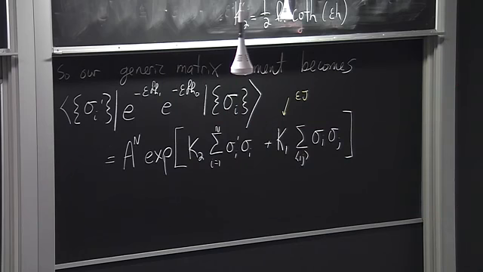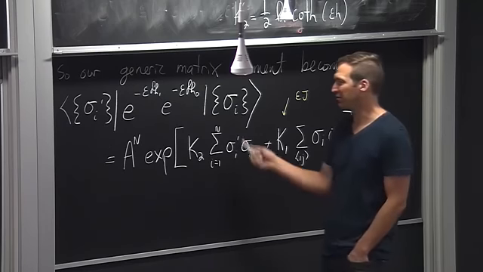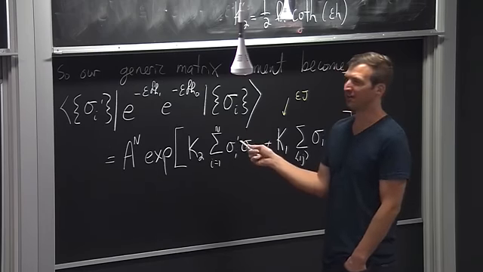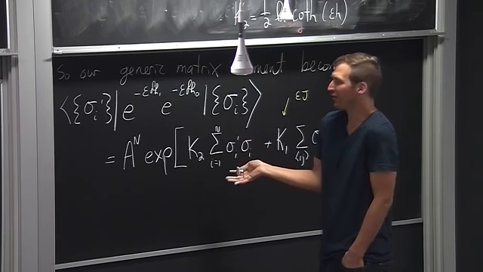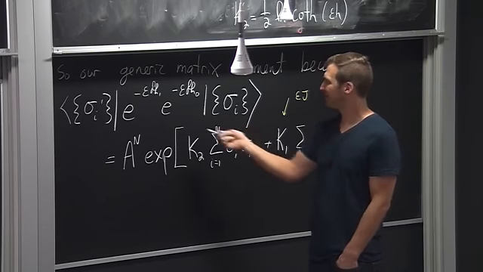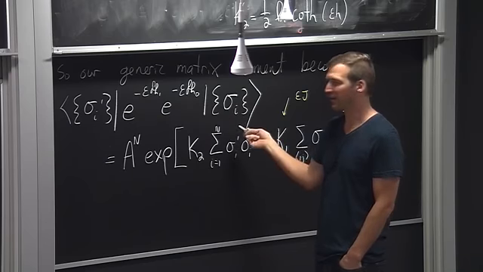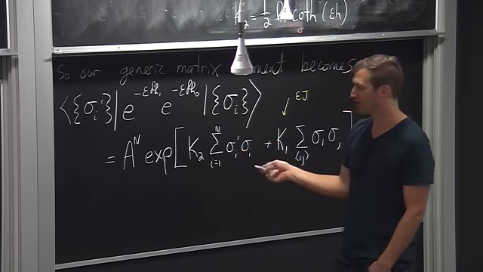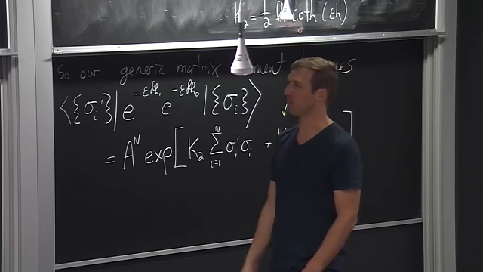Okay, and I'll write the full partition function next time, but the point is that the crucial piece of the path integral is figuring out this matrix element and writing it in terms of something that can be evaluated in that basis that we've chosen.